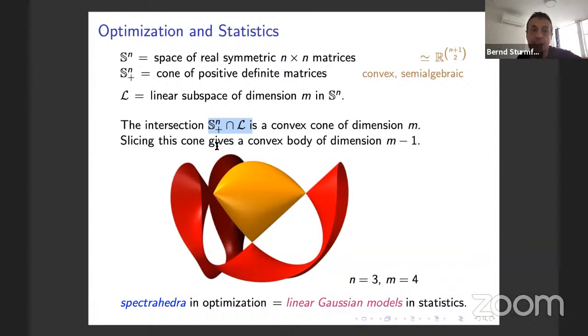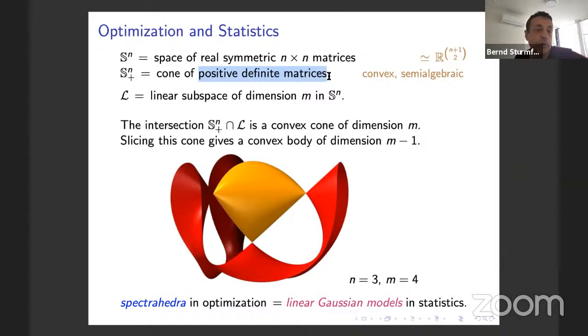So in statistics, the reason we're interested in positive definite matrices is because they are the covariance matrices of Gaussian distributions. So a Gaussian distribution on n-dimensional space is given by a mean vector, let's say the origin, and a covariance matrix, and that's a positive definite matrix.